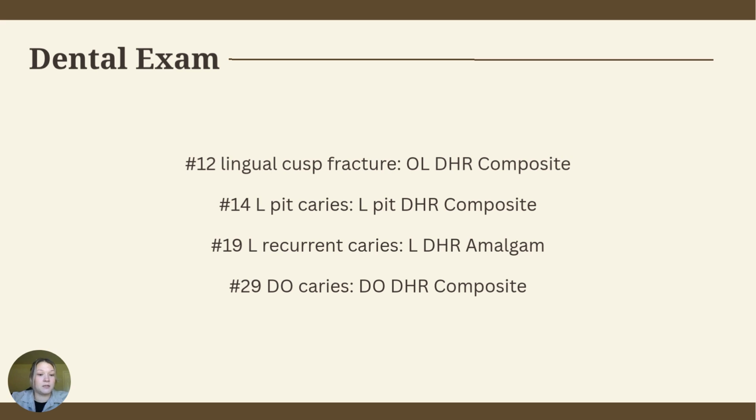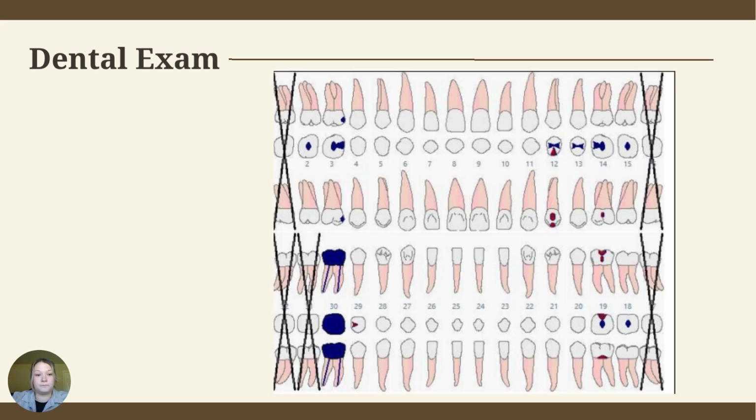Number 19, lingual had recurrent caries. He suggested amalgam to restore this instead. 29 had DO caries. Here's a view of his existing restorations and his proposed restorations.